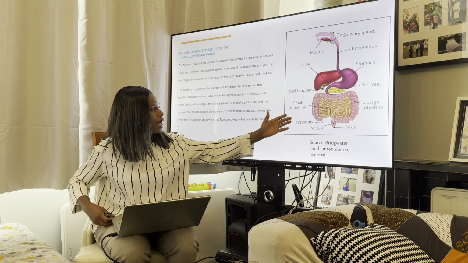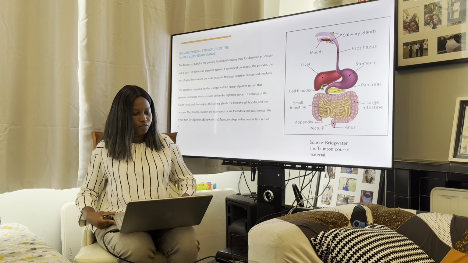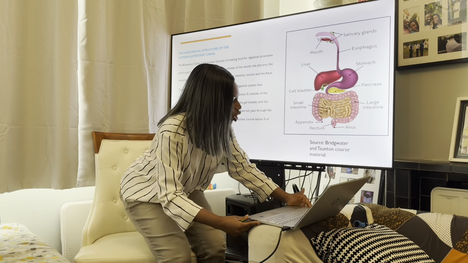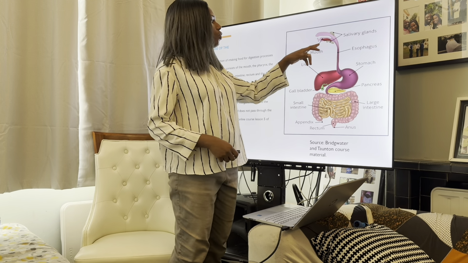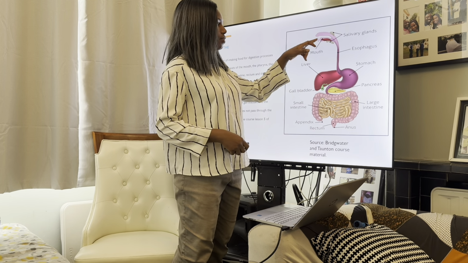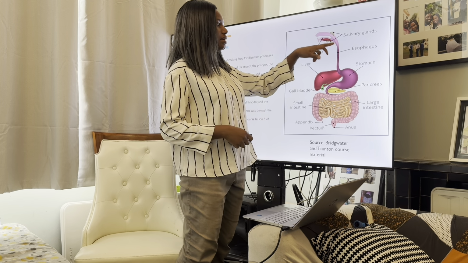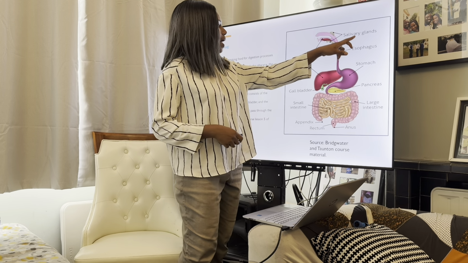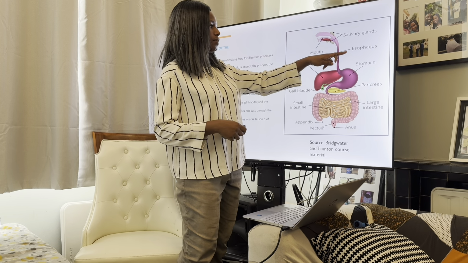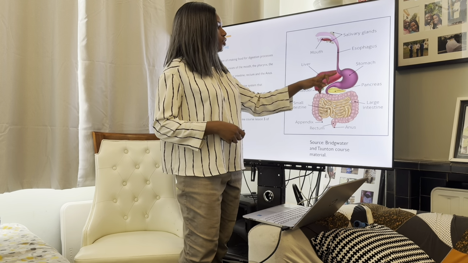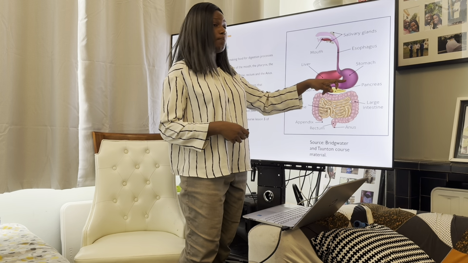And on the side, I've got a diagram of the anatomical structure of the human alimentary canal. So it starts with the mouth, and on top here you can see the salivary gland, and then the esophagus, where the food passes through, and then we've got the stomach, it goes in the stomach.